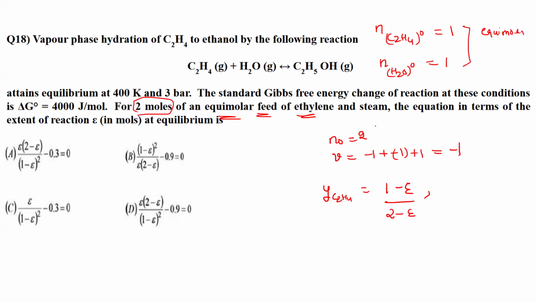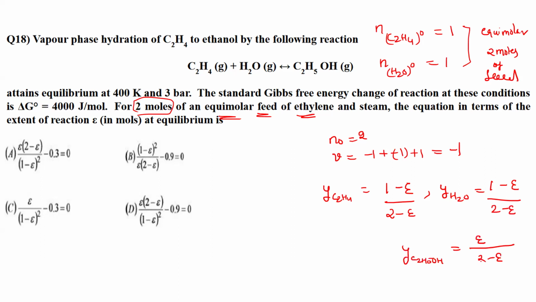Okay, and total 2 minus epsilon is there. y of H2O equal to 1 minus epsilon by 2 minus epsilon. And y of C2H5OH equals epsilon by 2 minus epsilon.